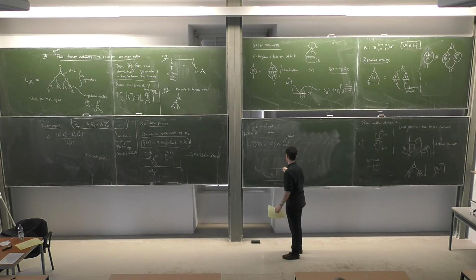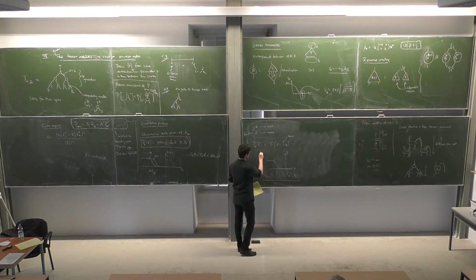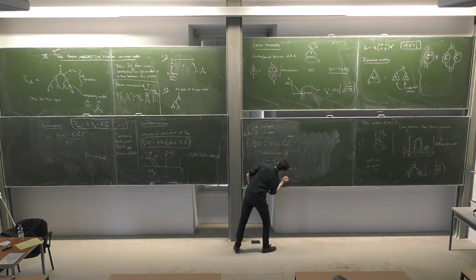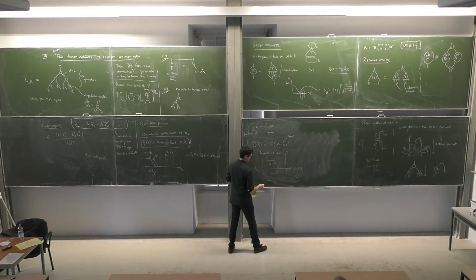So I have this probability distribution. And in the disentangled phase, this traveling wave is moving to the left, which means that the logarithm of z is going to minus infinity, and z is going to 0, like e to the minus absolute value of v times k.